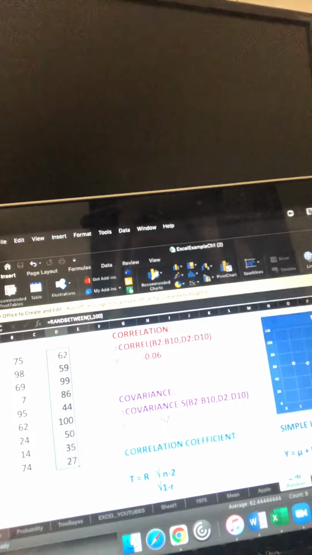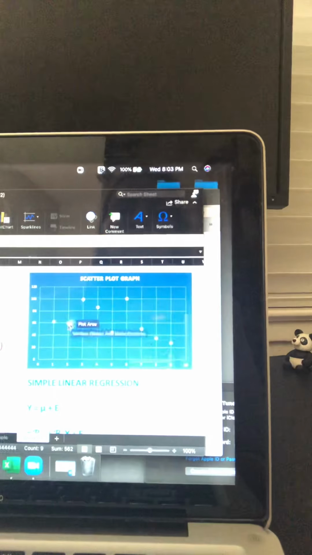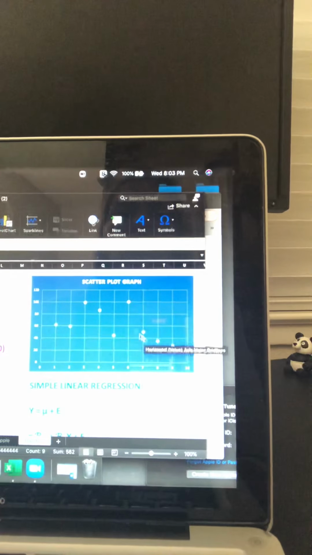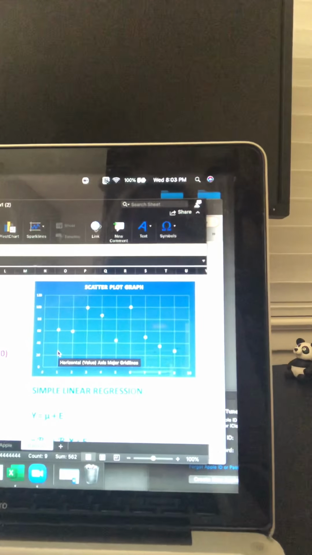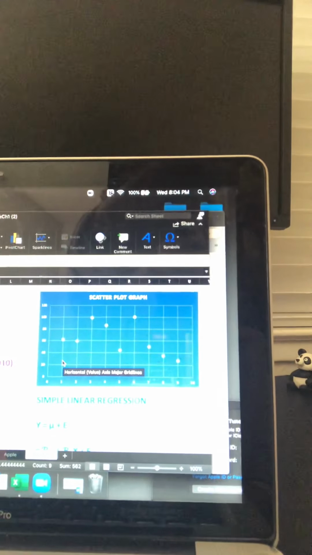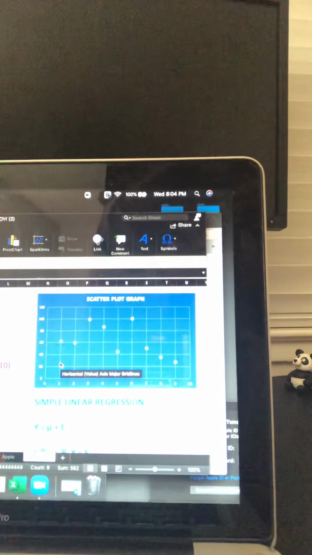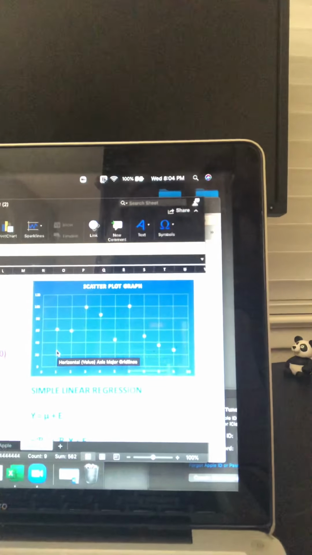So note here I have graphed a scatter plot that shows you the points that we selected, and as you can see, they're kind of all over the map here, but this is what a scatter plot graph looks like, and it's often used to represent the data you have collected and represent what the correlation and covariance might be.